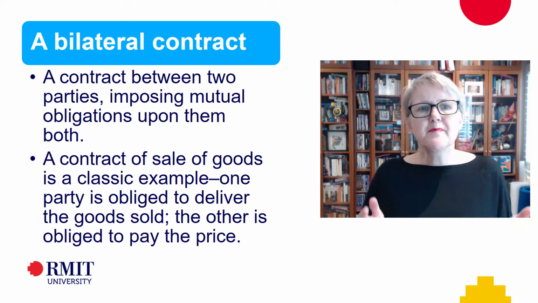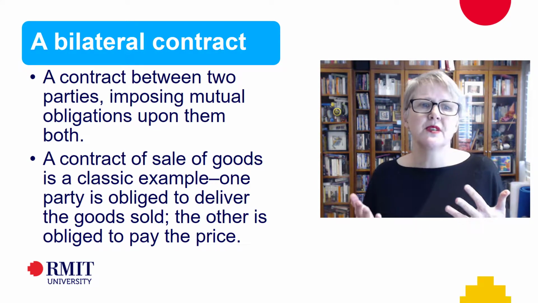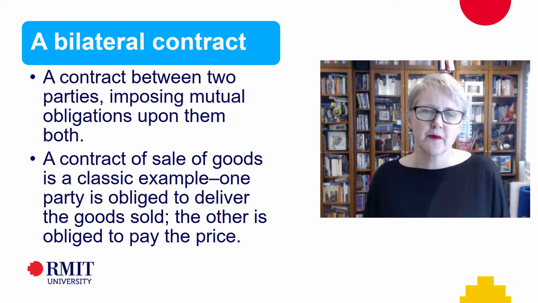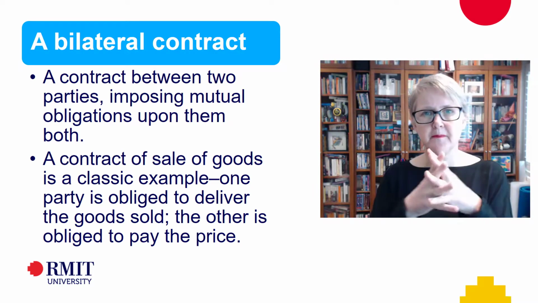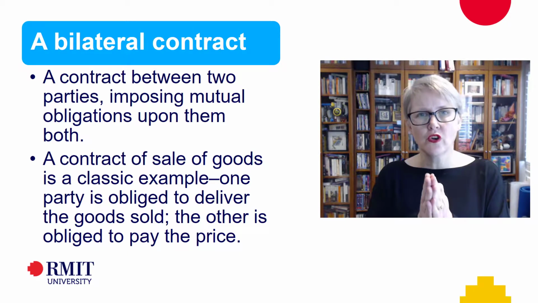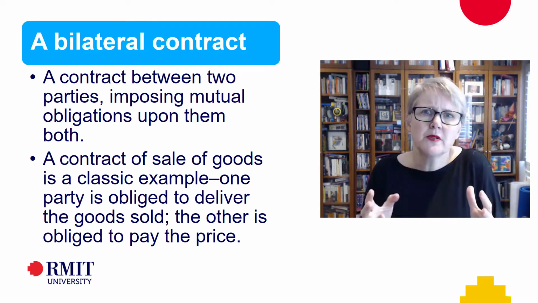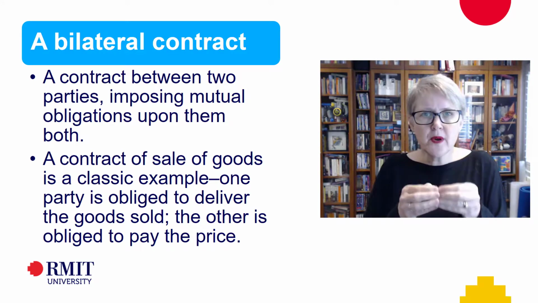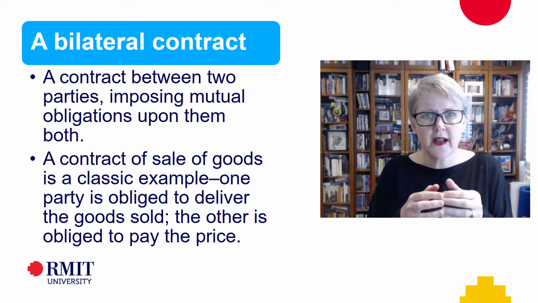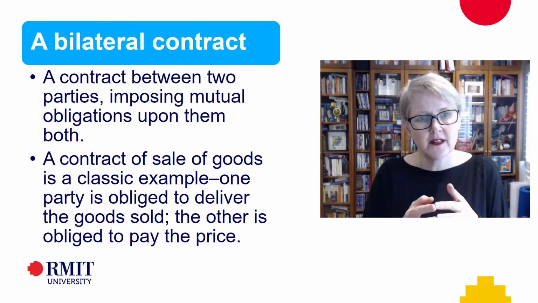A bilateral contract is basically a simple form of contract between 2 parties imposing mutual obligations on both of them. Offer and acceptance meet. At that point, both parties have ongoing obligations of some sort. Now, they might, in fact, be extinguished almost immediately, but at the point that the contract is created, the parties both have obligations and they both have rights.